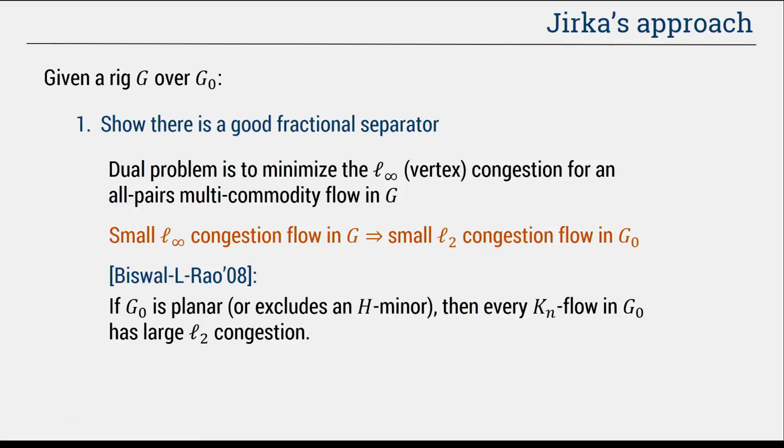And then he used the results that we proved with Biswal and Rao that, for instance, for a planar graph, if you try to route some flow with a dense demand graph, then it has large L2 congestion. So that gives you square root of m. You show how flows in G can be routed in the base graph. If you have a worst case bound on the congestion, then you get an L2 bound on the congestion, but certain base graphs don't support flows with small L2 congestion. So that's the first step.